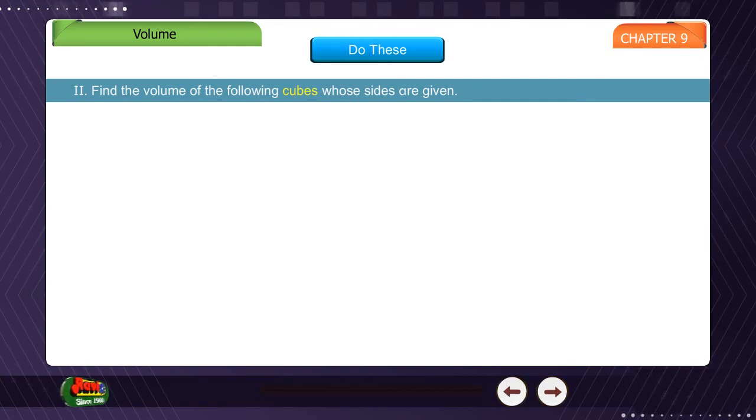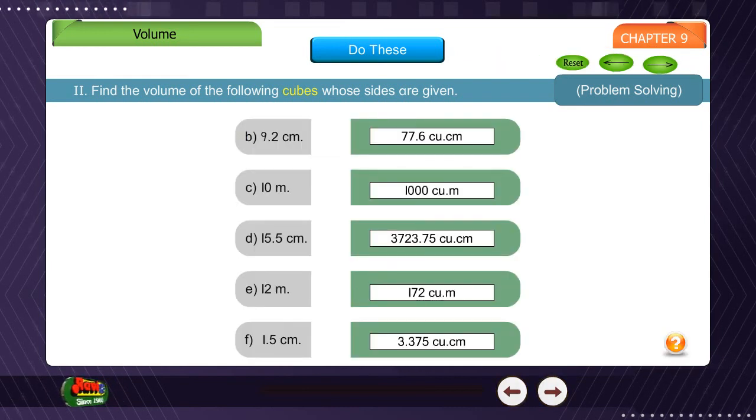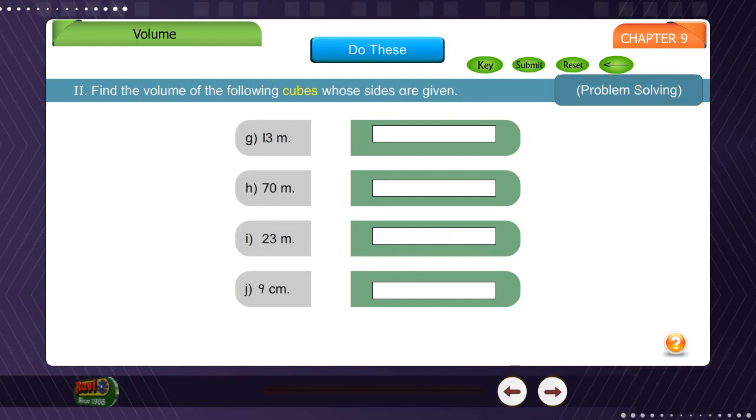Find the volume of the following cubes whose sides are given. Three.